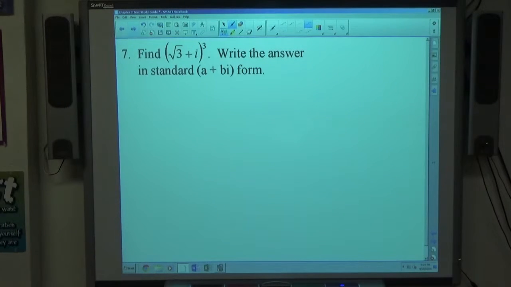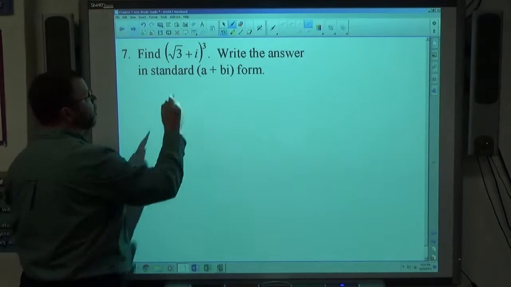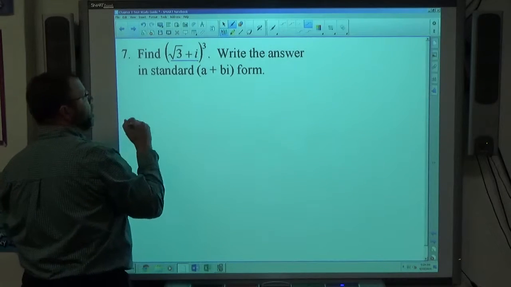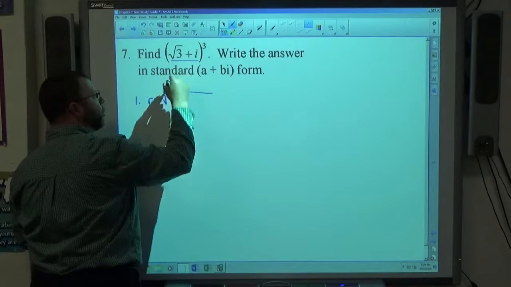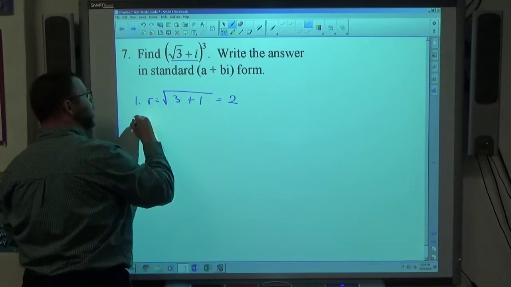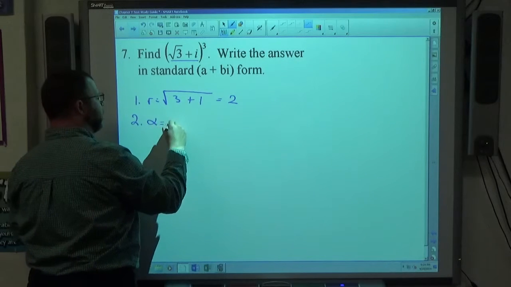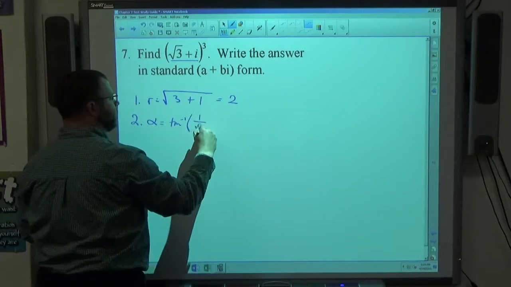Number 7, find the square root of 3 plus i to the 3rd power. Write the answer in standard a plus bi form. So first thing I would do is convert this into CIS form. So step 1, R is going to be the square root of 3 plus 1. Square root of 4 is 2. Step 2, alpha is going to be the inverse tangent of 1 over the square root of 3.